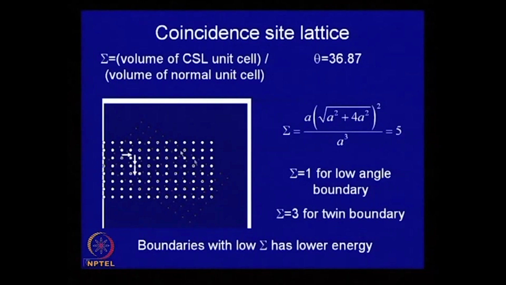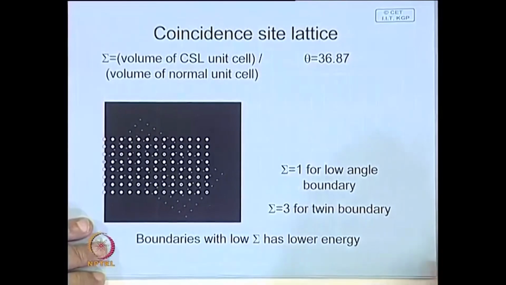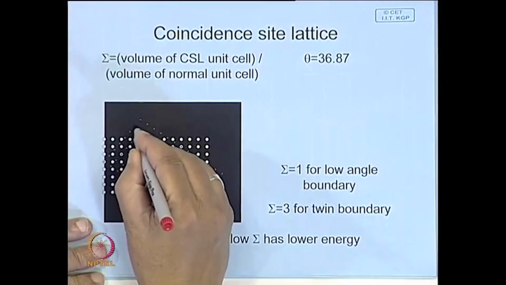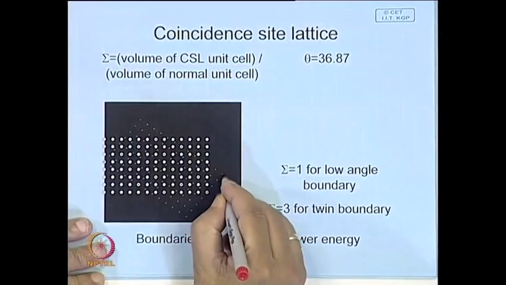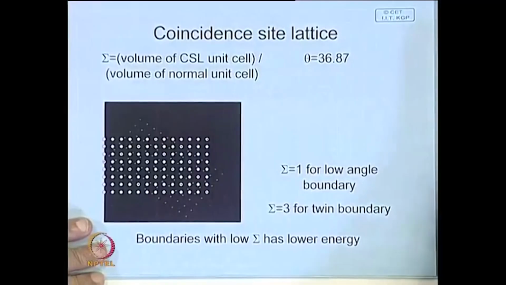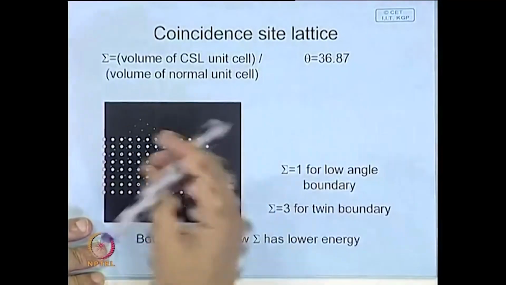What you are trying to do is visualize what will be the energy of the atoms. Here there are two arrays: the white one is one grain, and the red points are the other grain.